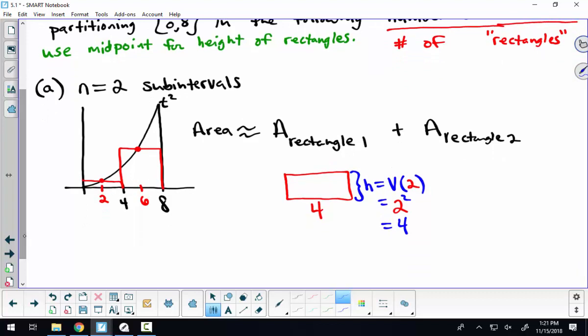And similarly for the second rectangle, again the base is 4. The height of the second rectangle is what? The second height is 36, because that comes from the function t squared evaluated at 6.